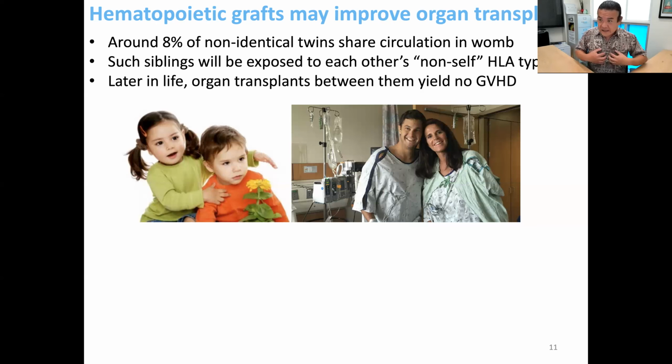So you get two kids who are genetically not identical, what we call non-identical twins. But because they are developing at the same time in the same womb, oftentimes they share a lot of their blood. As a result, such siblings in utero are exposed to each other's non-self HLA types.